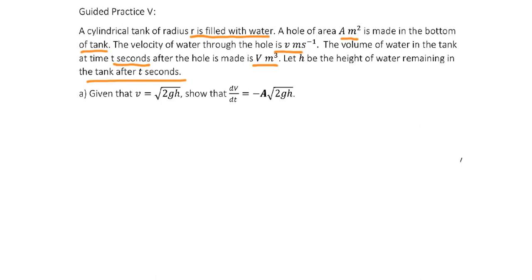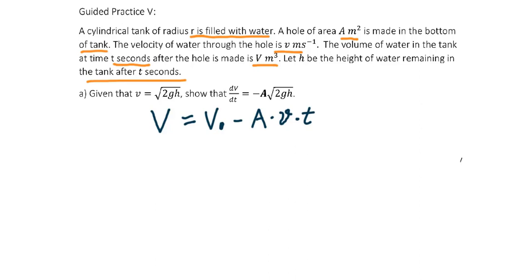First of all, let's figure out the volume of the remaining water in the tank. So V equals V0 minus area times velocity times t.